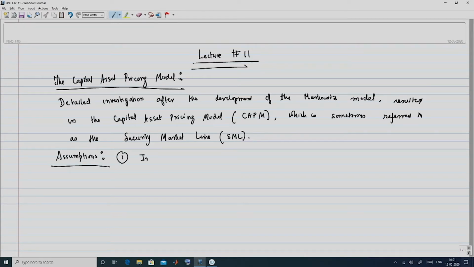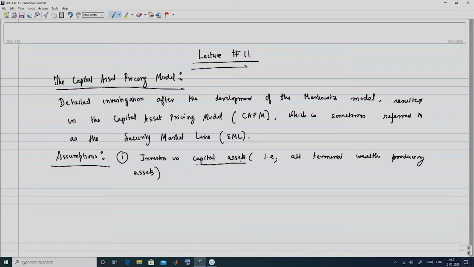So, the first assumption is that investors in capital assets, that is all terminal wealth producing assets, that means you make an initial investment and you basically then receive a final amount of payment.